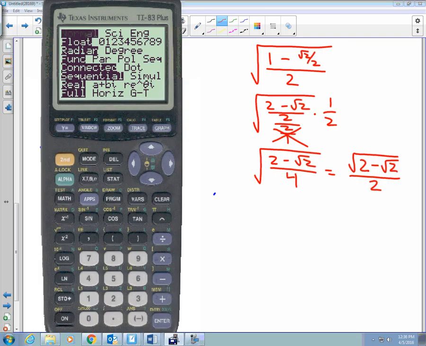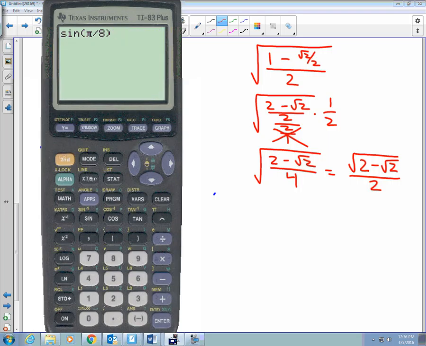Mode, change from radians to degrees, or degrees to radians. I press sine of pi over 8. I get 0.3826834324. Your calculator does something amazing with calculus in order to come up with that value. It doesn't do what we did. And what we did is rather impressive. Watch. We will take the square root of 2 minus the square root of 2 and divide it by 2. Exactly the same.